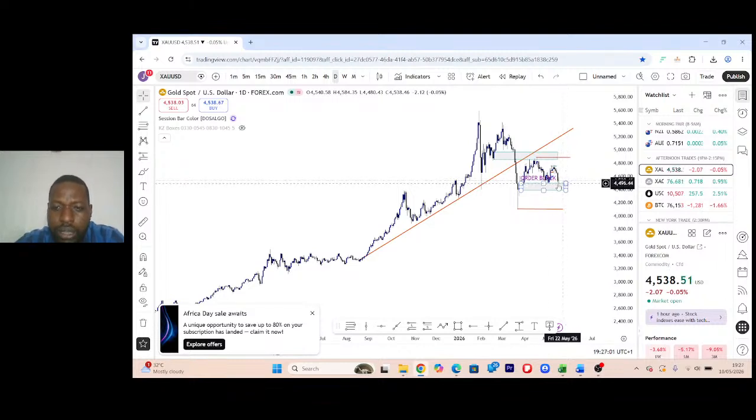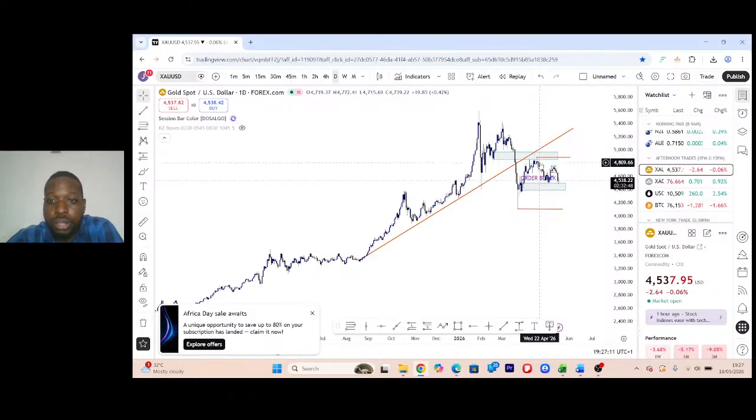The reason I say so is because, number one, you can see that it couldn't break this breaker block towards the upside, so it rejected from that point and came back here. Then again, it couldn't go up here. Then it reacted at this level and is now coming down.